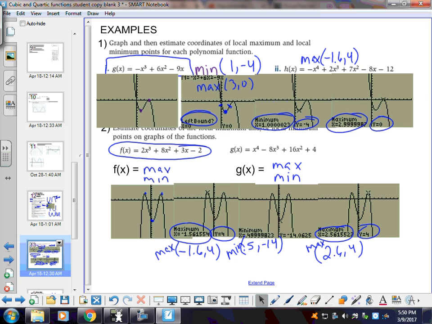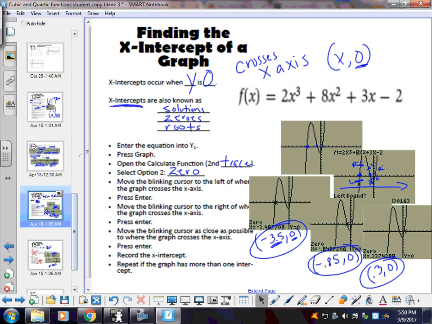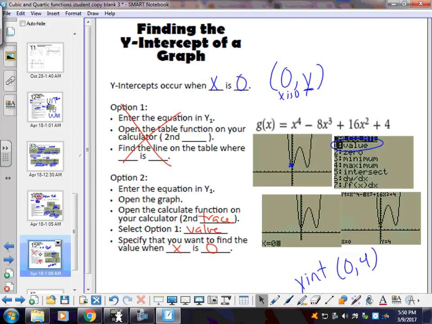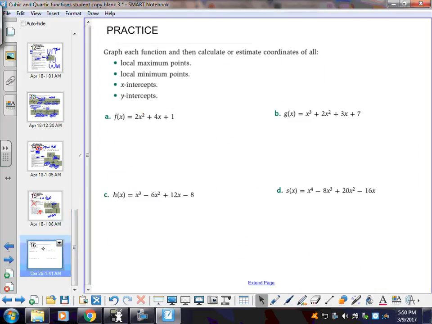I found the max and the min on both the functions I put in the calculator. Then we found the x-intercept. Make sure you fix what Miss Hunter screwed up the first time. Sorry about that. And then the y-intercept. And then make sure you get these practice ones done.